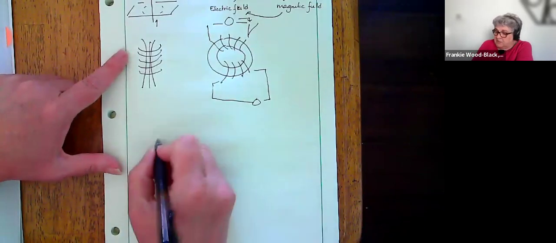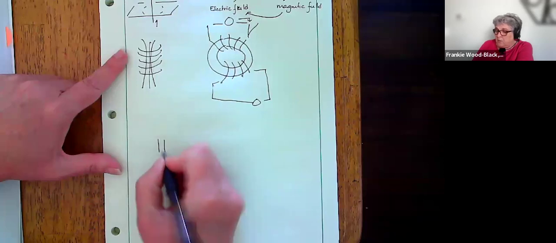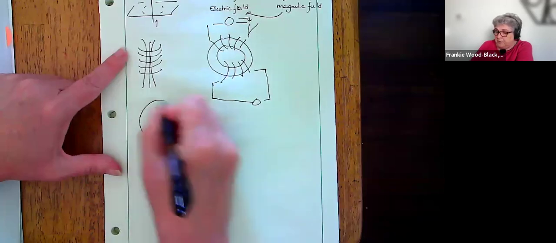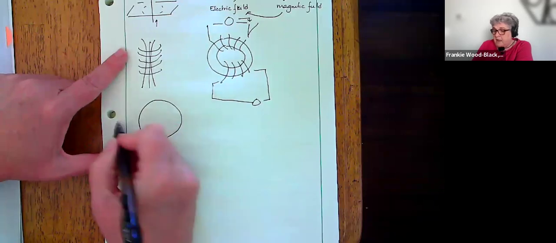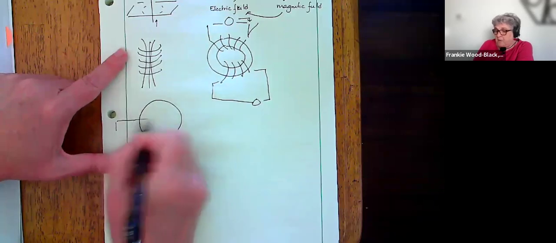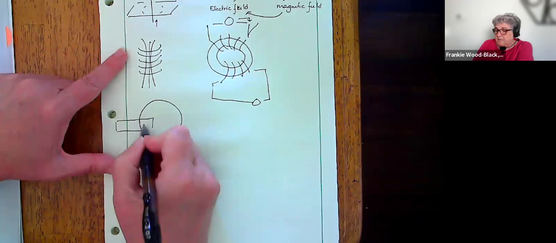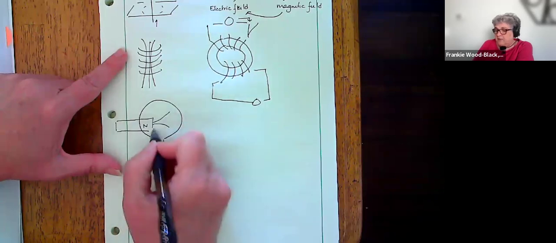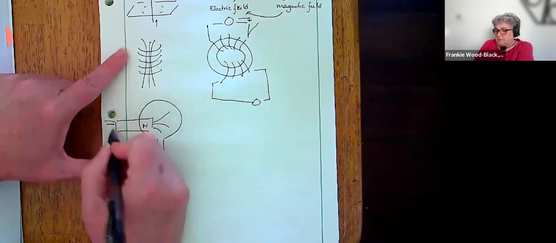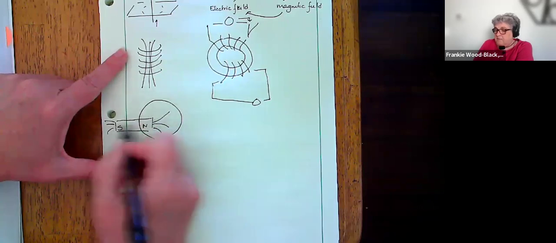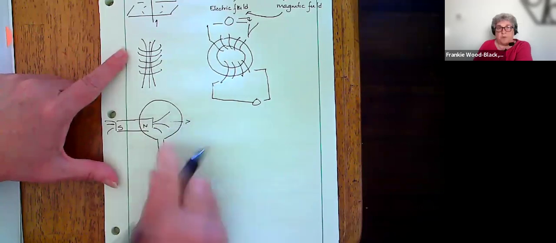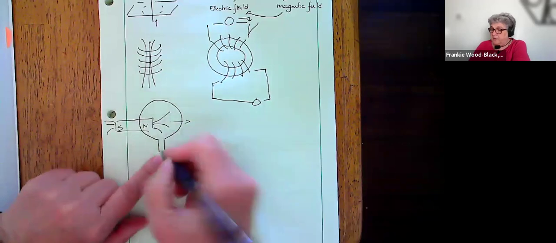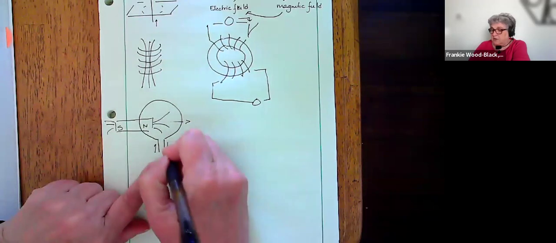The other thing that was interesting is if you take a wire and you make a loop of that wire and you take a bar magnet, and we know that it has its magnetic field off of its bar magnet. If I move this magnetic field through a loop, I'm going to actually generate a current.